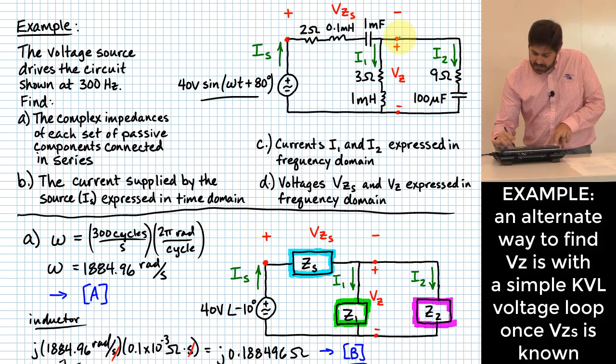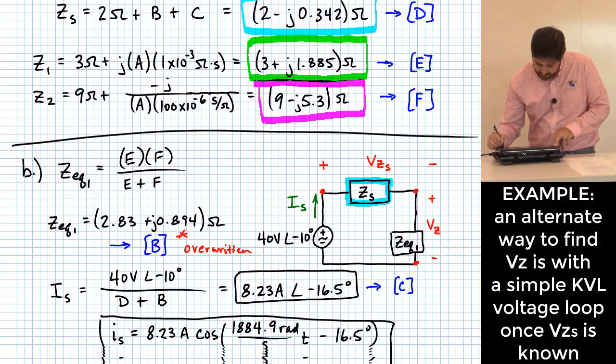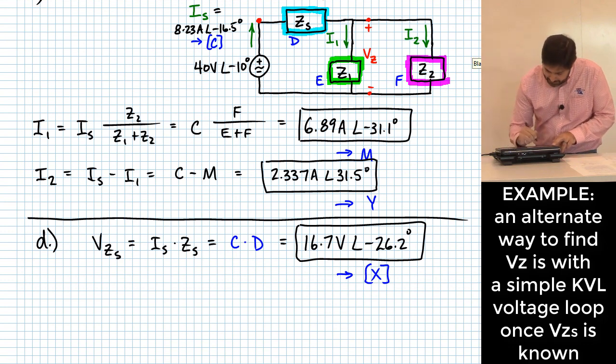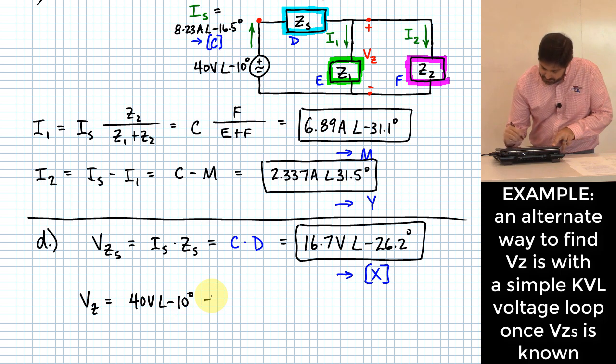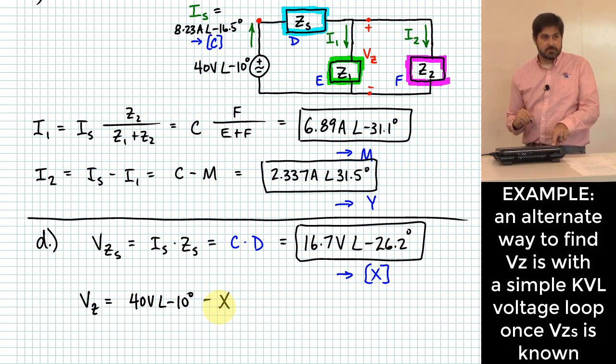So VZ plus VZS had better equal 40 volts angle of negative 10 degrees. That might be the easiest way to do it of all. I'm just saying there's multiple ways we can attack it. Let me show you that one. VZ is going to be equal to 40 volts angle of minus 10 degrees minus 16.7 volts angle of negative 26.2 degrees, which we have stored in X.